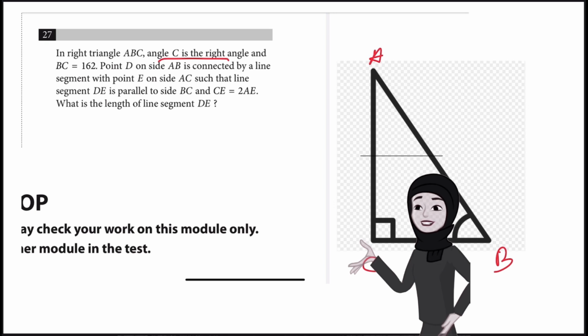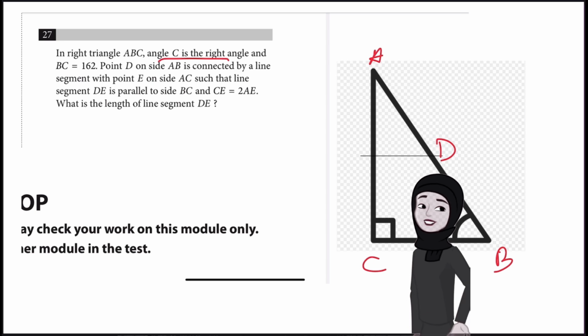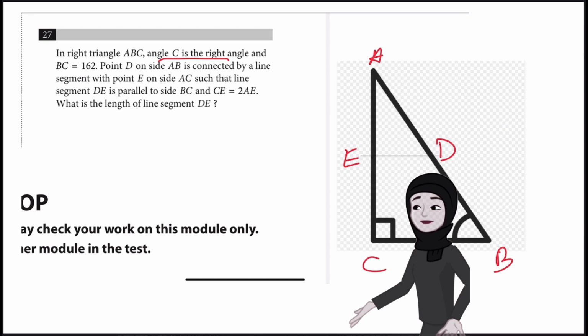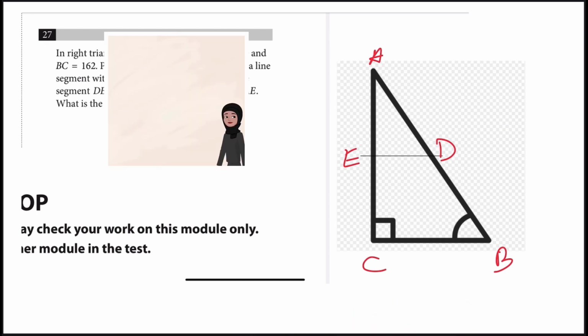So if this is A and this is B, point D on side AB, I will mark D here, is connected by a line segment with point E on side AC. So this is E.